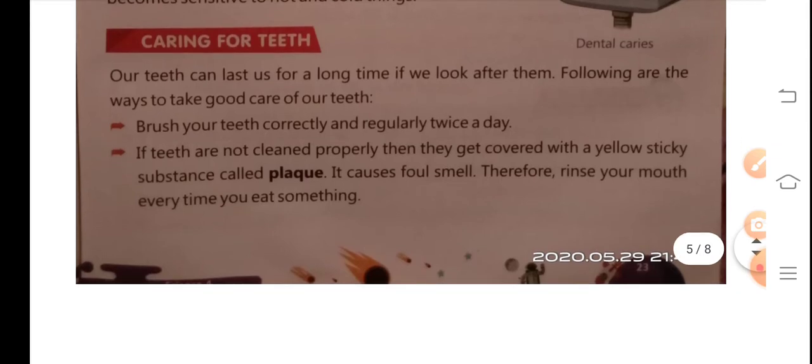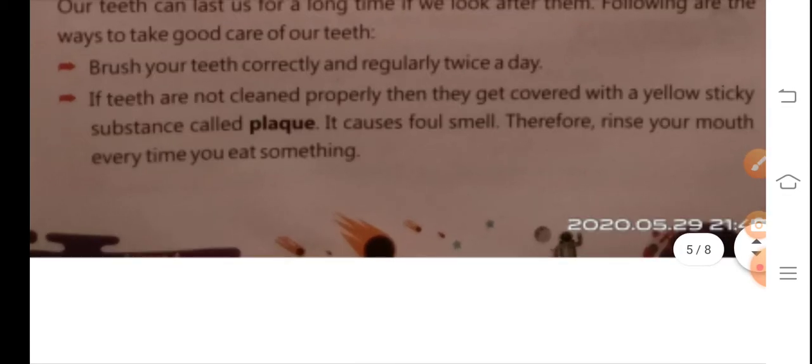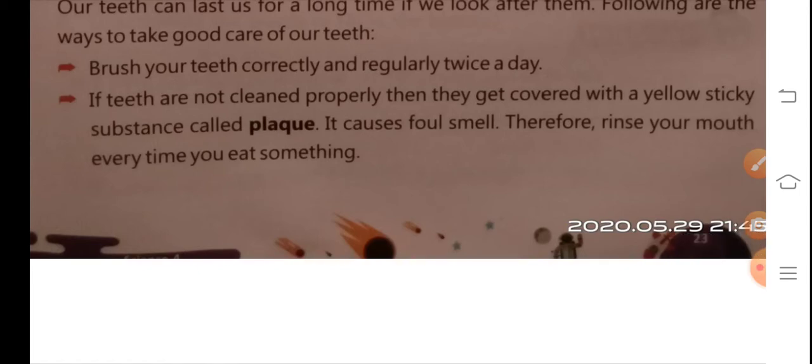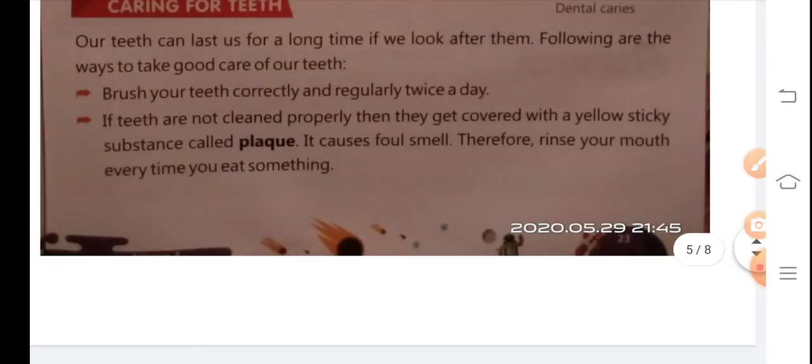Next, caring for teeth. My dear students, you should also know how to care for your teeth. Firstly, brush your teeth correctly and regularly, twice. If your teeth are not cleaned properly, they get covered with a yellow sticky substance called plaque. It causes a foul smell in your mouth.